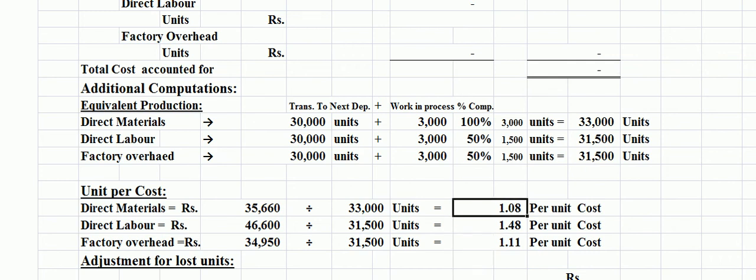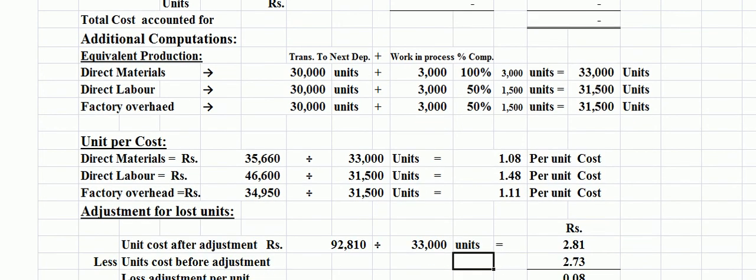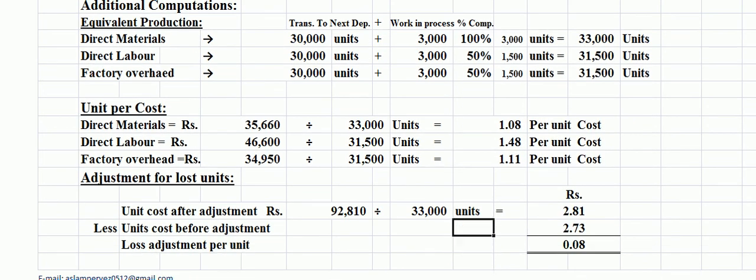Students, now we find the adjustment for loss unit cost after adjustment. Students, in these units, 1,000 units as a loss in process is not included, then the cost per unit will increase because the units decrease.